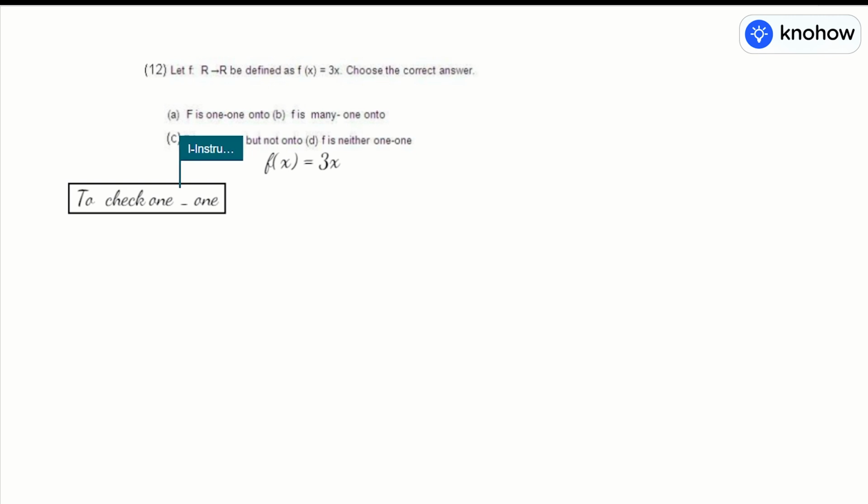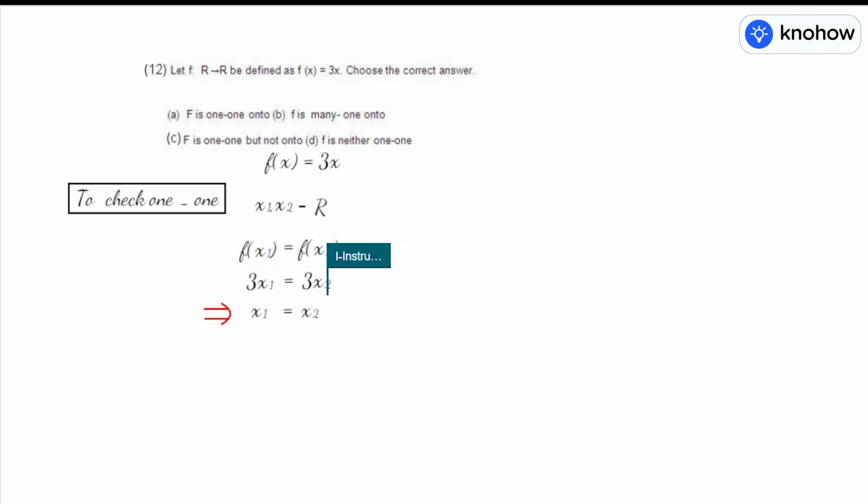So let x1 and x2 be any two real numbers such that f(x1) equal to f(x2). That means 3x1 equal to 3x2. Clearly dividing both sides by 3, x1 equal to x2. So f(x1) equal to f(x2) implies x1 equal to x2. Clearly f is a one-one function.